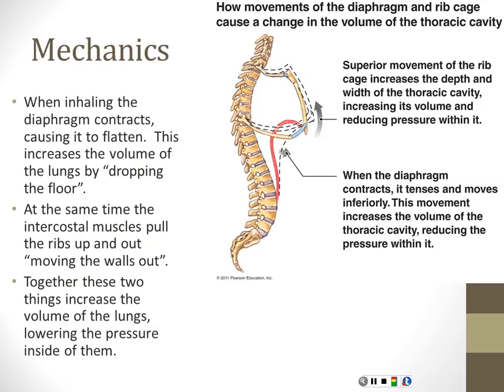All right. Two motions happen in the ribs, or in the chest. One is the floor goes down. When the diaphragm contracts, the dome shape becomes flat, and essentially the bottom of the lungs is pulled down. So remember the volume pressure difference.